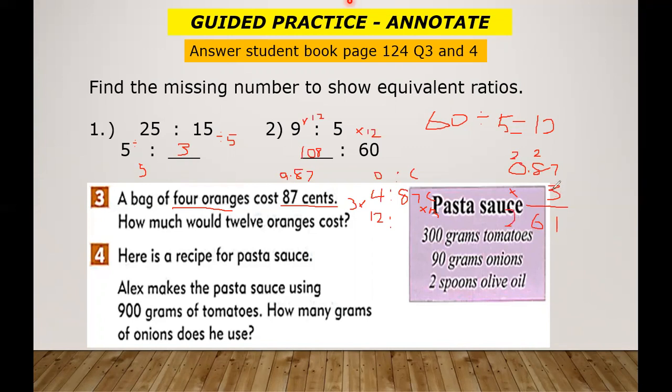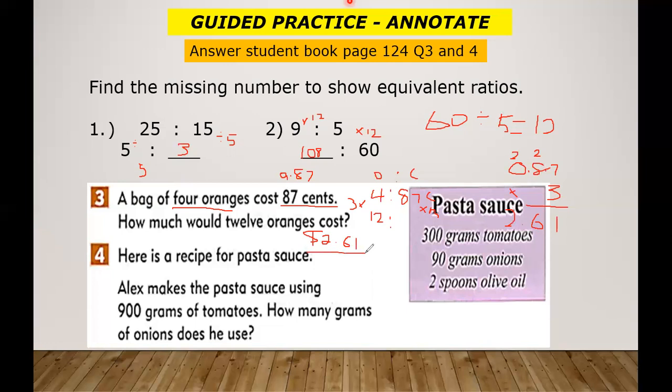Let's count how many decimal places: 1 and 2, so 2. Therefore, how much would 12 oranges cost? It is $2.61.